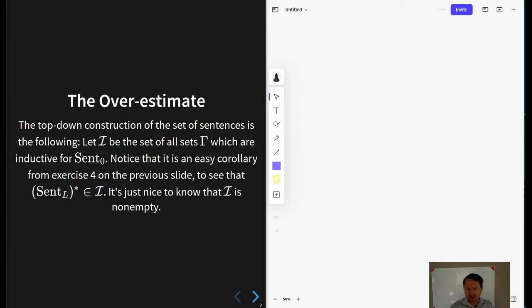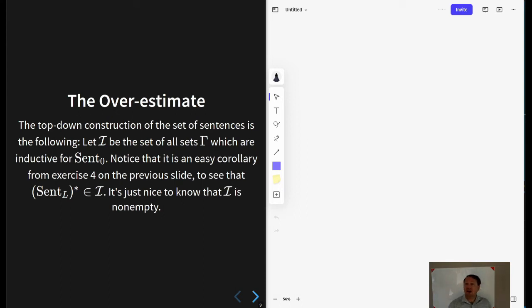We will take this Γ, the capital Greek letter gamma. A set will be one of these Γ if and only if Γ is inductive for Σ0. So Σ0 is being fixed. Σ0 is the Y, Γ is the X from before, and the Y is being fixed as Σ0. And Γ is anything that is inductive for that.